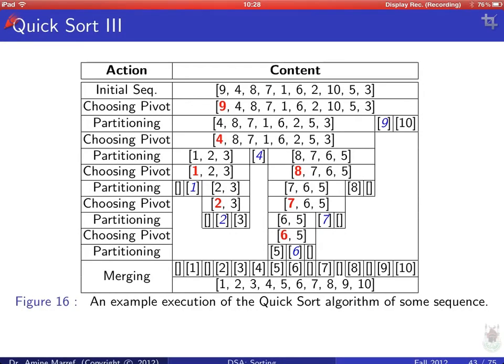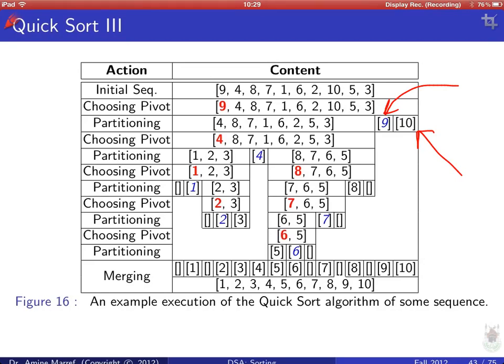And the merging is not like merge sort. The merging is easy. We are just putting elements together. We are not doing any work. Most of the work we have done at the partitioning level. But at the merging level, we don't do anything. We just append, concatenate, put together the elements.